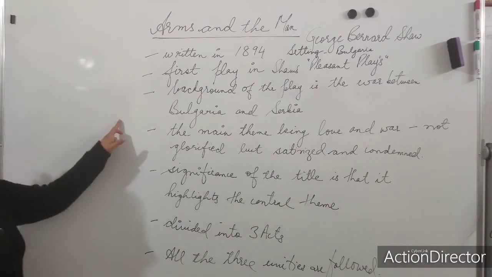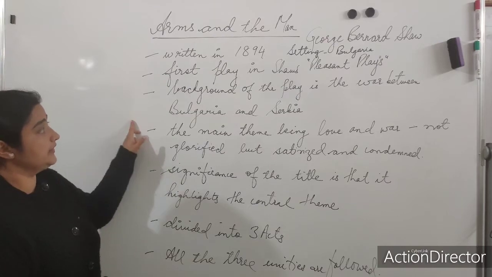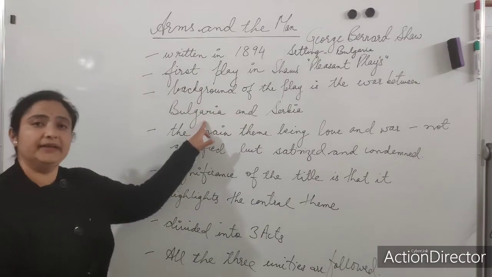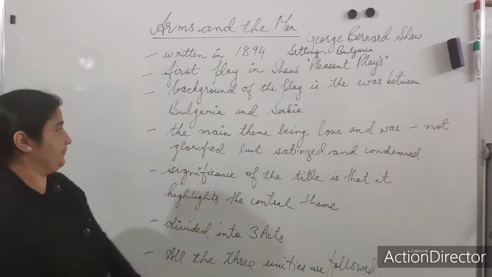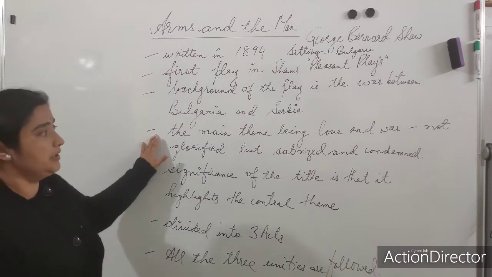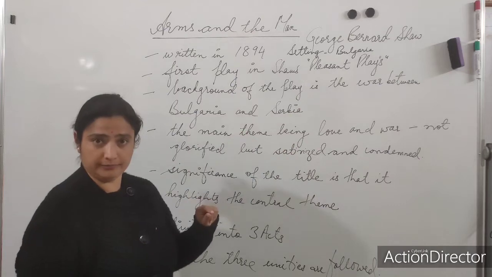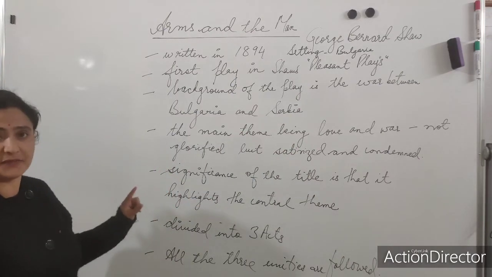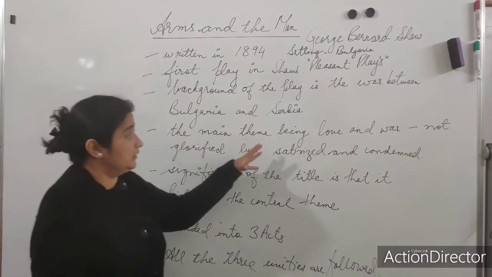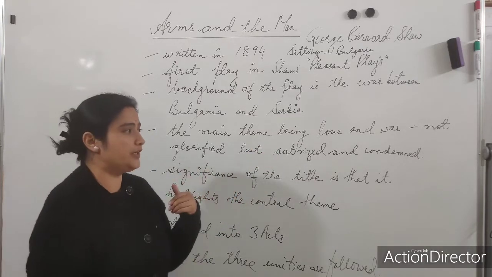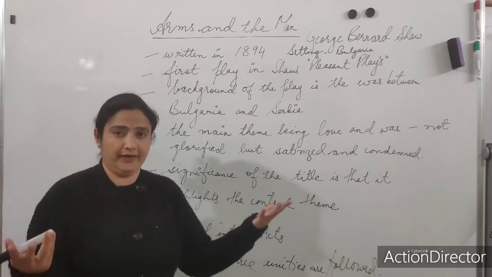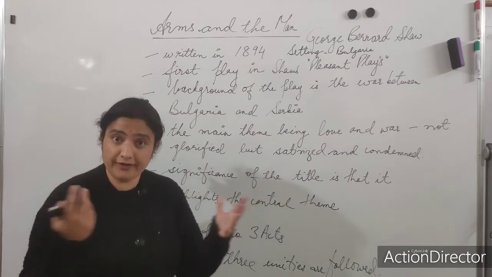Next, as far as the background of the play is concerned, it is the war between Bulgaria and Serbia that holds the background to the play. The main theme is love and war. But generally when authors write on love and war, they glorify love, they glorify war.